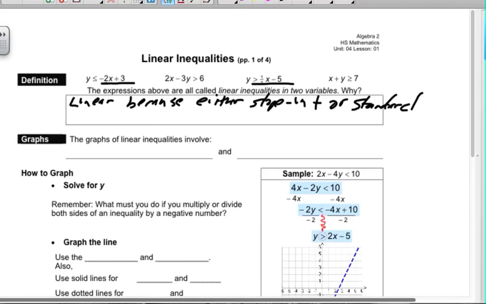Okay, two variables because I've got x and y, both of which are variables.